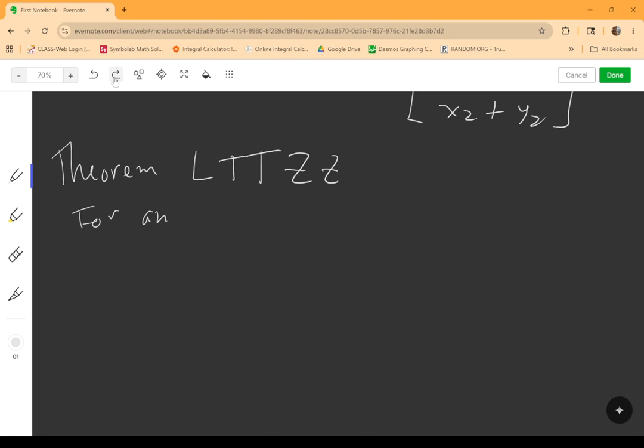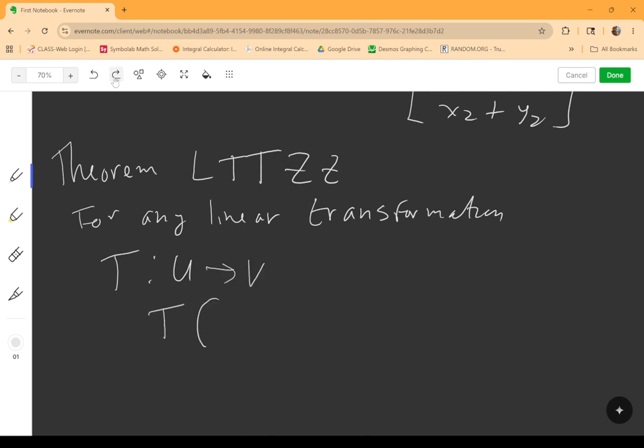Okay, so it states that for any linear transformation, the transformation from a vector space U onto a vector space V, the zero vector in U is transformed into the zero vector in V.